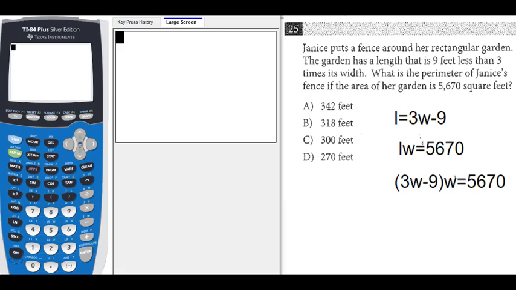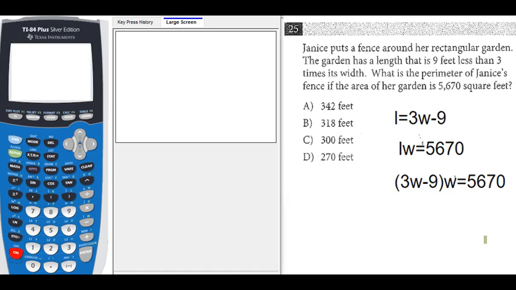So first of all, we plug in, and to do the substitution, change the system equation into one equation. So you will get 3W minus 9 times W equals 5670.